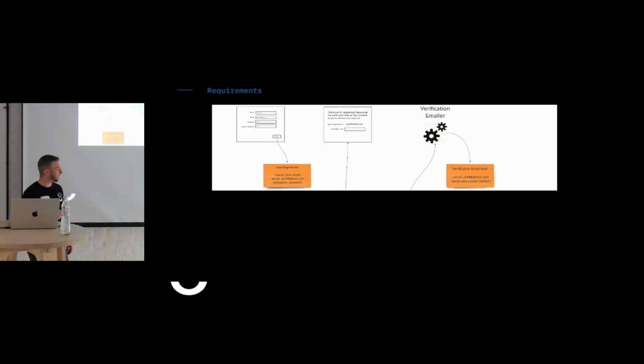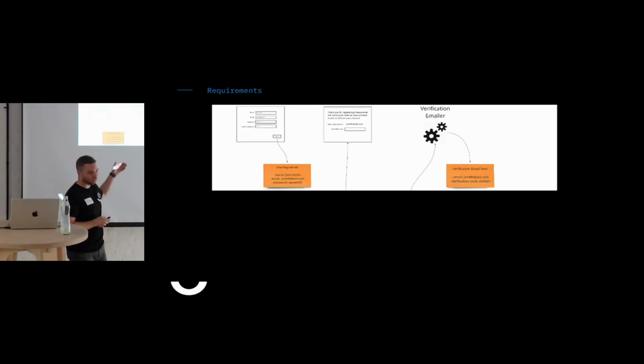So good. After some time, usually requirements change, business is talking to us, oh, maybe the registration screen is not enough. We also need to have a one-time password to verify the email. And we also get some new screens. We have an email verification emailer service.